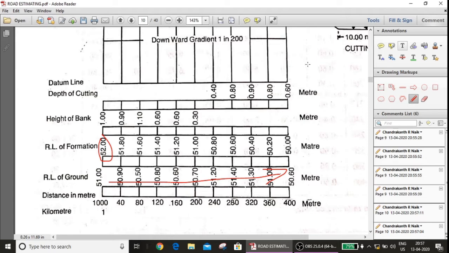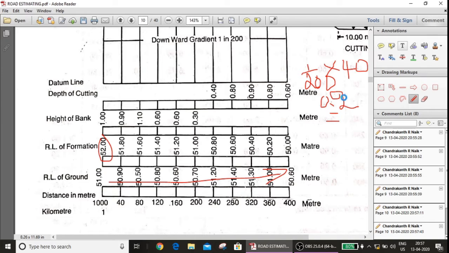So 1 in 200 means how we have to do: 1 divided by 200 into the distance. Difference in the distance is 40 meters, right? When we do, we will get a difference of 0.2. 0.2 we will get.